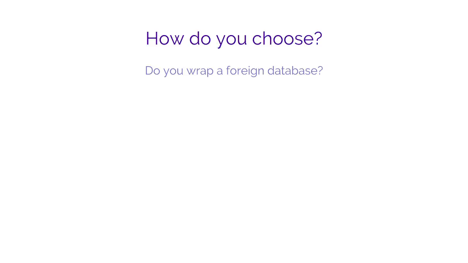So again, whenever I was coming to it, there were many options available to me, and I didn't know that at the outset. So I wanted to go over some questions that you can ask yourself to get a good sense of where to start. There are many things that might inform your decision to choose a particular document data type. A really easy one would be, are you wrapping a foreign database? A lot of y'all might be familiar with the foreign data wrapper feature that Postgres offers.